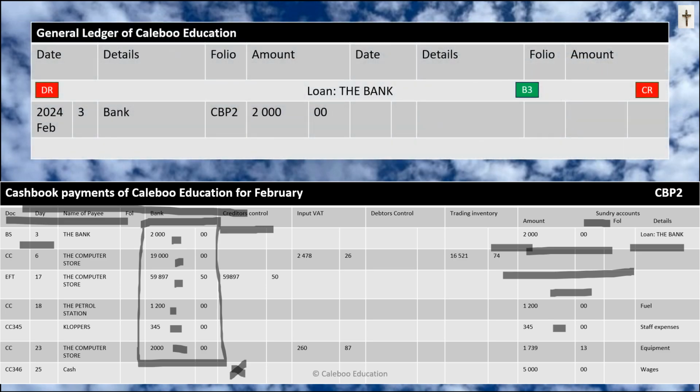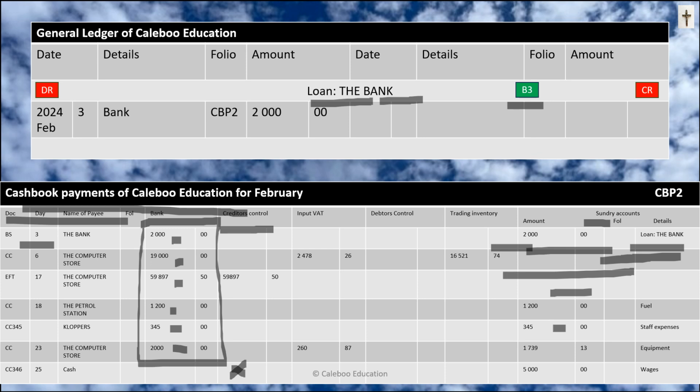So the account in the general ledger, loan, the bank, from here, is account number B3. Remember I showed you the trial balance. Balance sheet account number 3. That is the folio reference for this account.